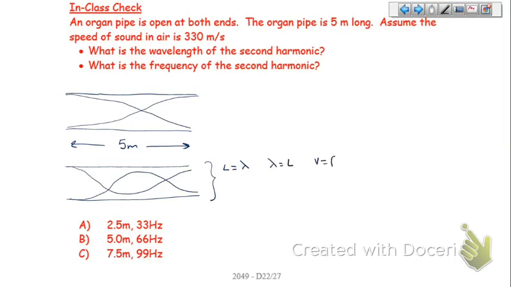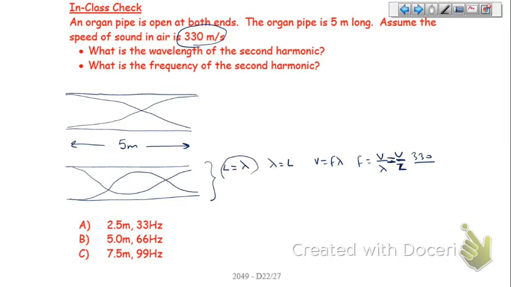V equals F lambda. So F is equal to V over lambda, which equals V over L. I missed that step out.